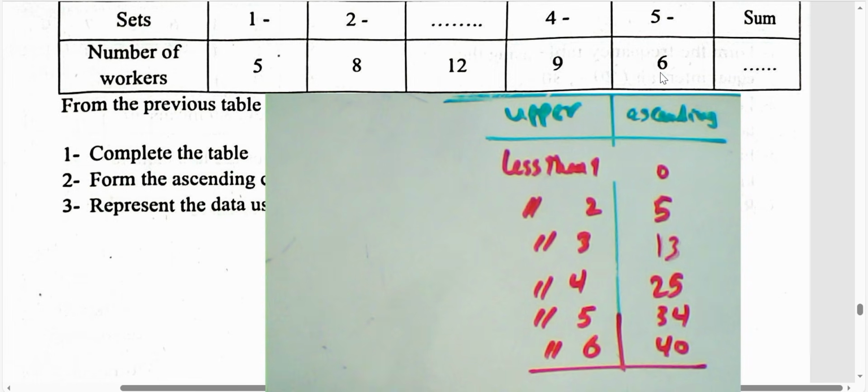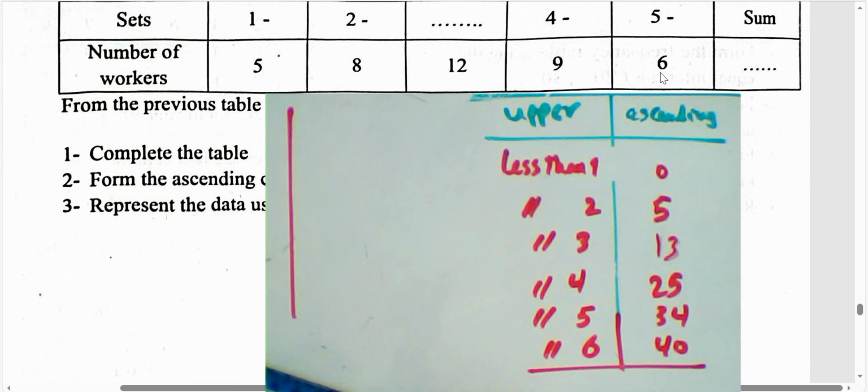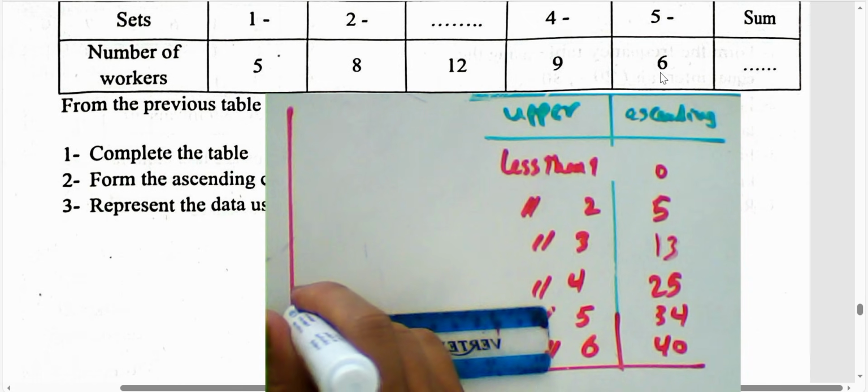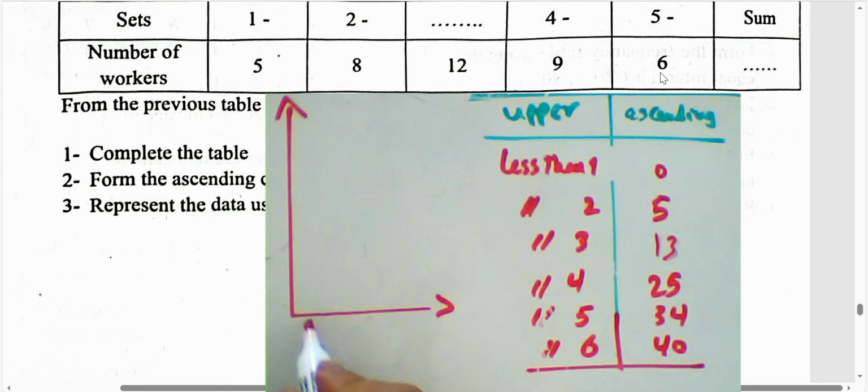And then we can draw the graph, horizontal and vertical, like this. We can write 1, 2, 3, 4, 5 to 6. It's the interval.